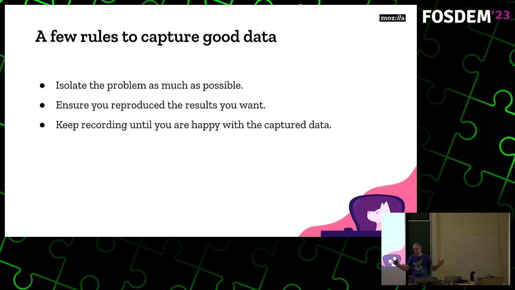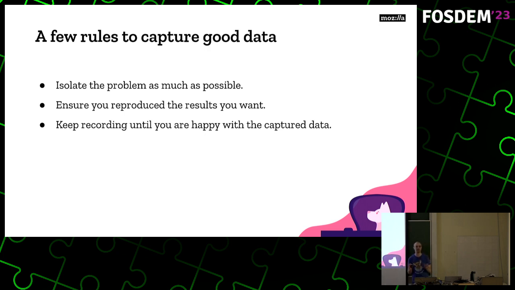If you have a lot of tabs, lots of websites in the background that are running stuff, there can be performance differences just because of those, or because maybe you're building something in the background on your computer, and that will skew the result. So try to isolate the problem.